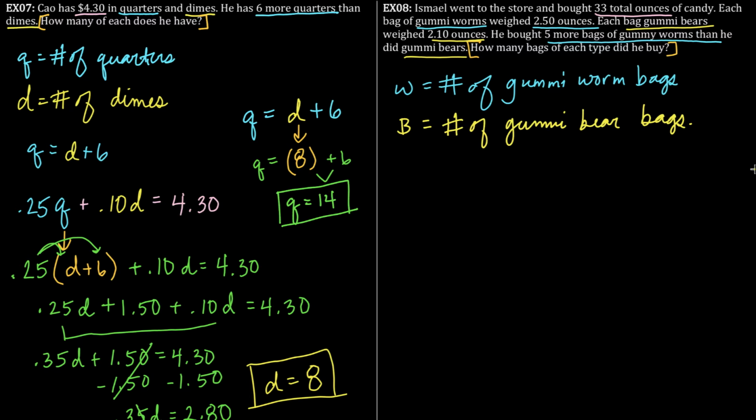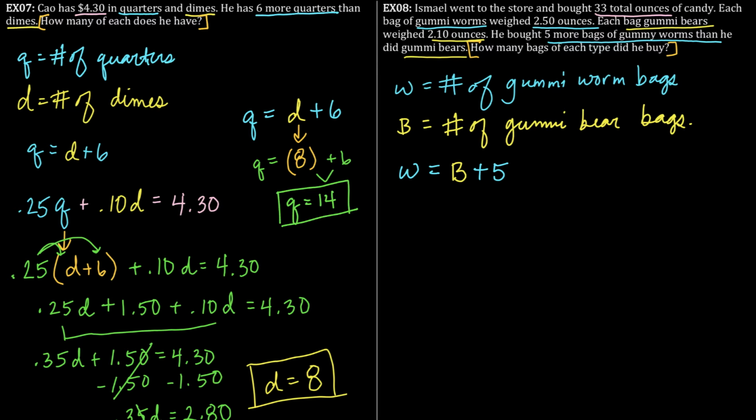So we know the number of worm bags was 5 more than the number of bags of gummy bears.